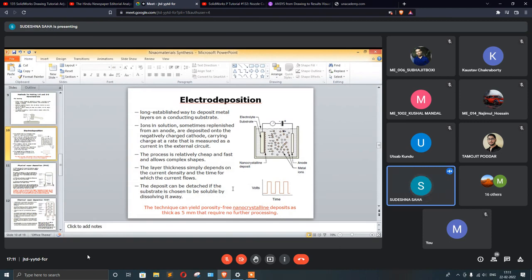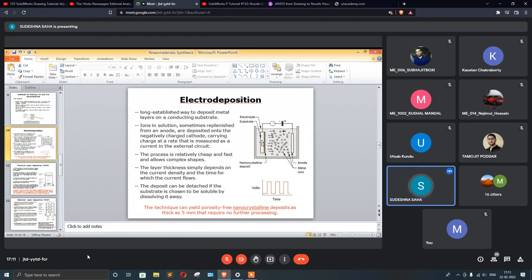And this deposit can be detached if the substrate is chosen to be soluble, by dissolving it away. Okay, so if you choose a substrate which can be dissolved within a certain solvent, then you can have this nanocrystalline layer as it is without the substrate.